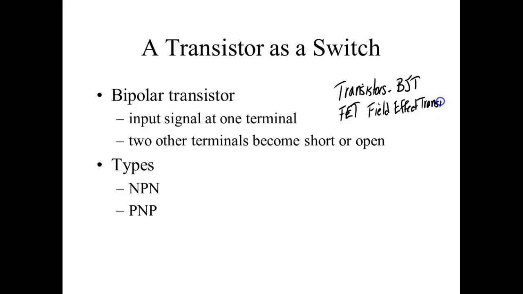And we have several categories of this. We have JFETs, which are junction field effect transistors. We have MOSFETs, which is the predominant logic over here now. And then we have 2 versions of this. We have DMOSFETs and we have EMOSFETs.